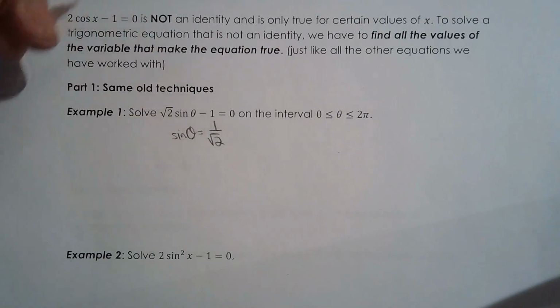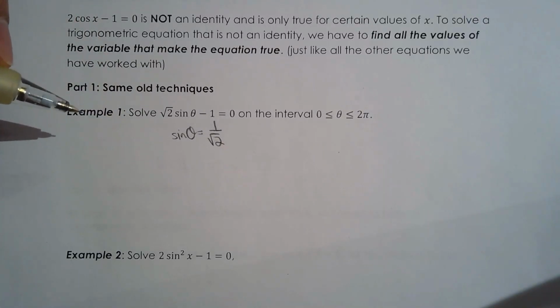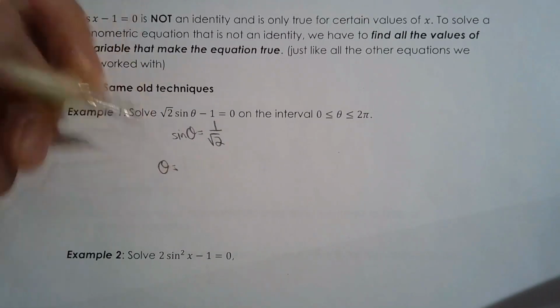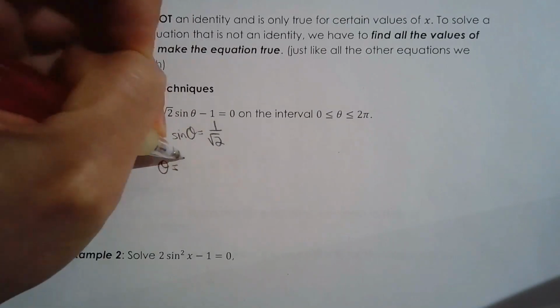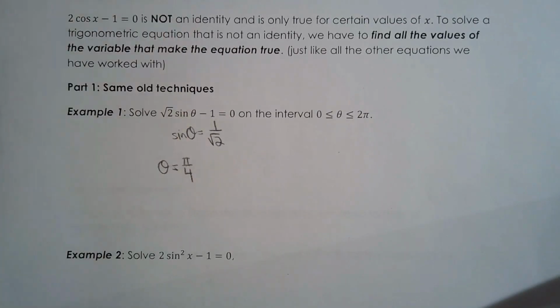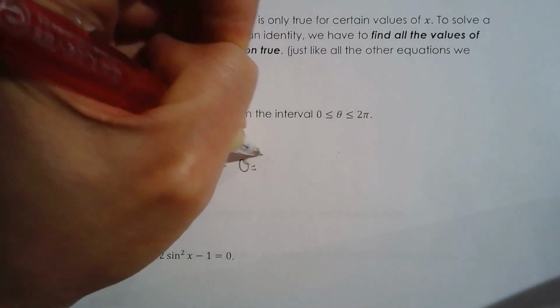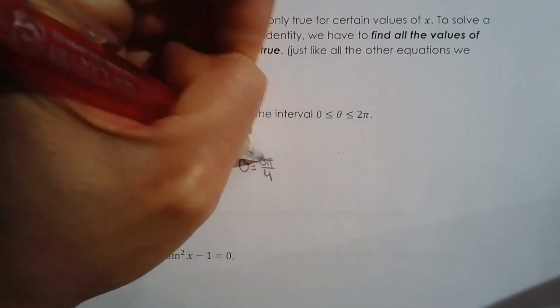That is a very nice ratio because it's going to give us exact values for our angle. Sine is positive in quadrant 1 as well as quadrant 2. So hopefully you remember your special angles here. It's pi over 4 in quadrant 1 or 3 pi over 4 in quadrant 2.